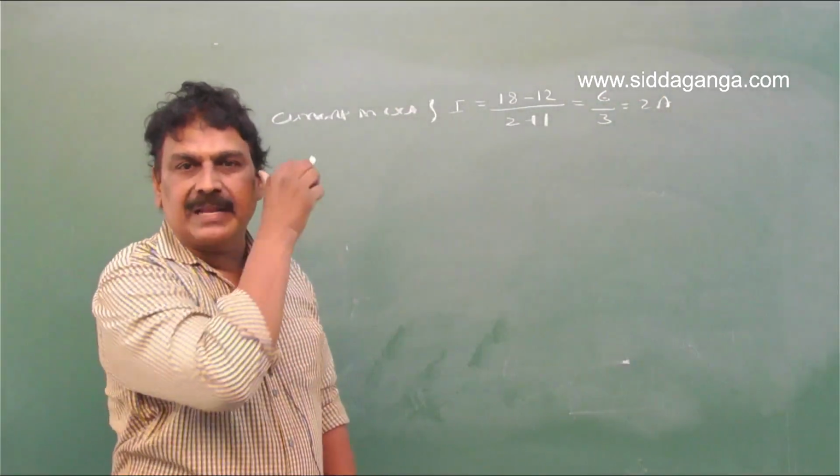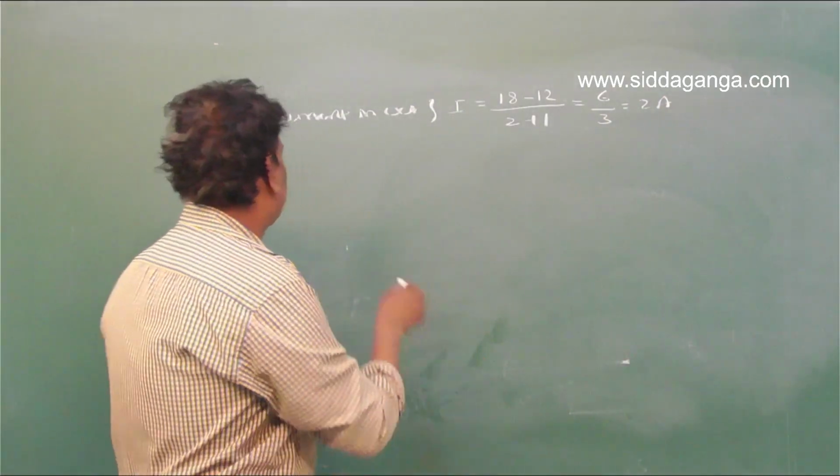In parallel combination, the potential difference across each one remains the same.